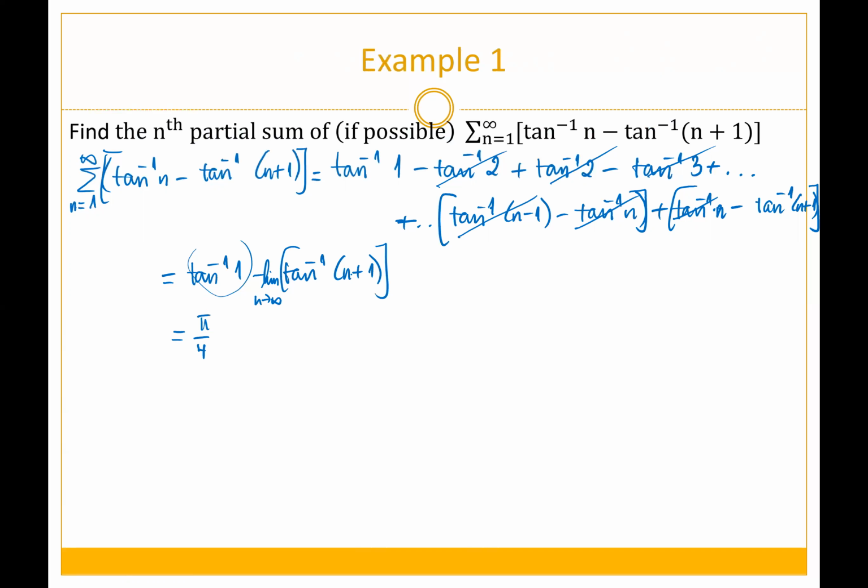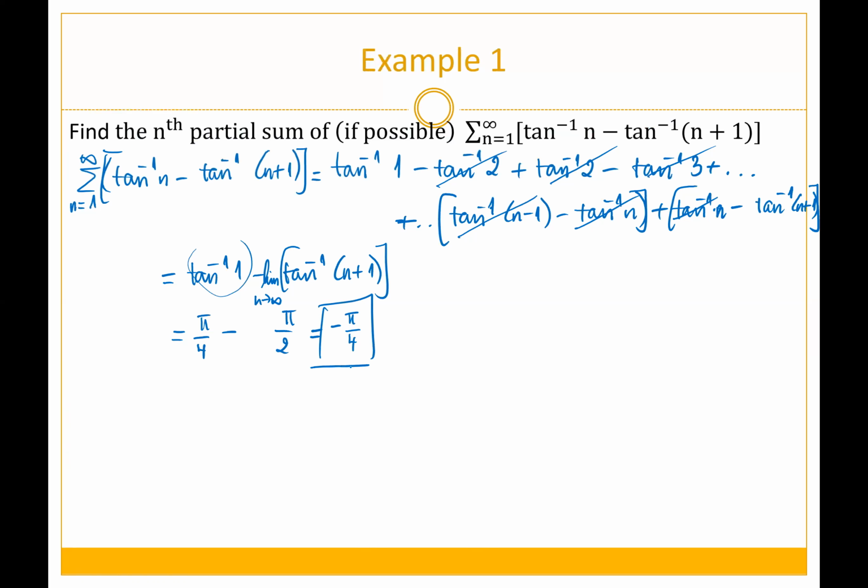Then as n approaches infinity, this part approaches infinity, and inverse tangent of infinity is pi over 2. You can remember the graph or just try a calculator. So it's negative pi over 4 in total.